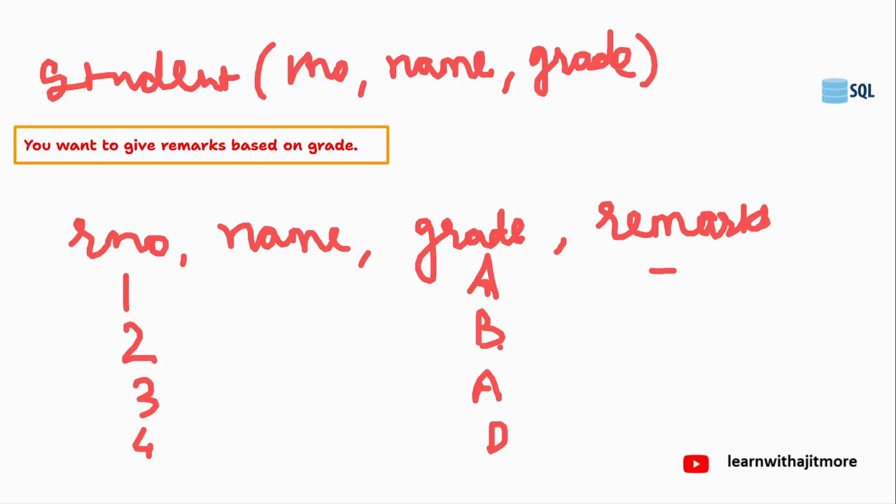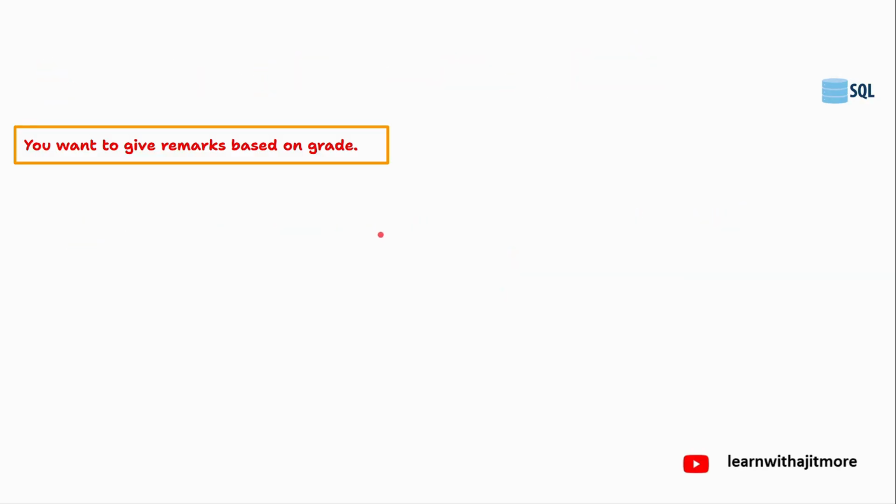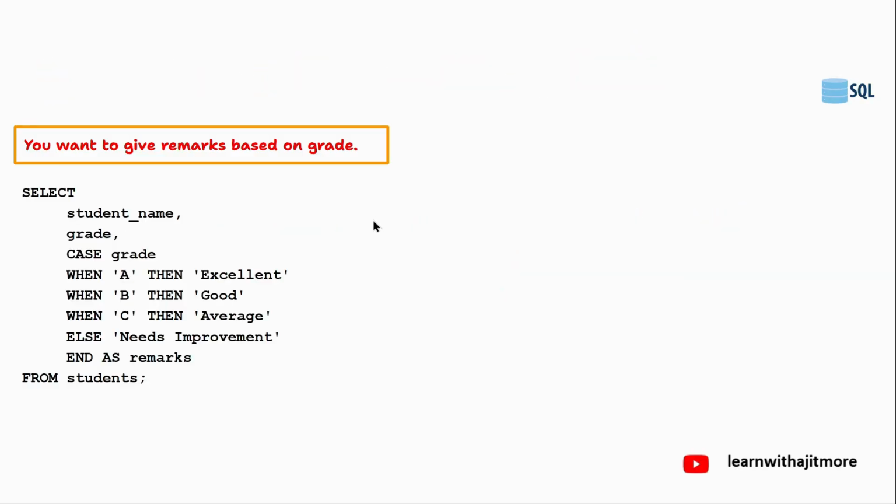Again, next record. This grade will go to that case, and whatever result case gives, that will be printed here. Understanding? No? So the output of this remark column is conditionally generated. Means whatever output is coming in this remarks column is produced by applying the condition. It is a conditional output based on the value of grade. Getting? Okay. So I'll show you how to produce it.